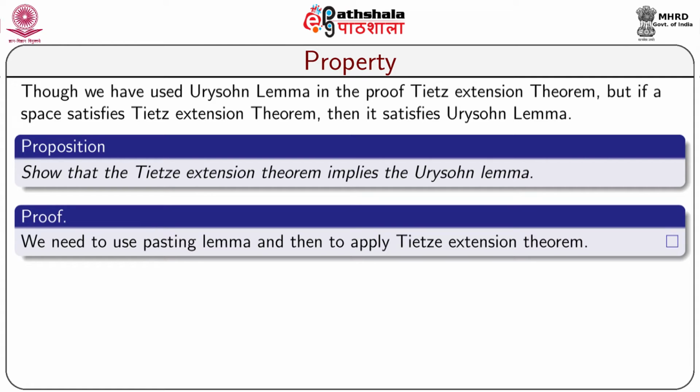Then by the pasting lemma, we have another continuous map f which is equal to f1 on A and equal to f2 on B. Then since the space satisfies the extension theorem, f can be extended all over capital X, and the extended function must be equal to 1 on one closed set and equal to 0 on the other closed set. So, it satisfies Urysohn's lemma.